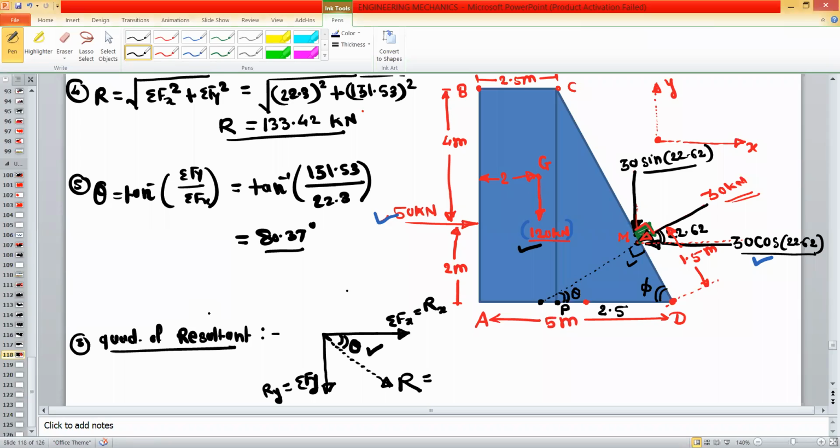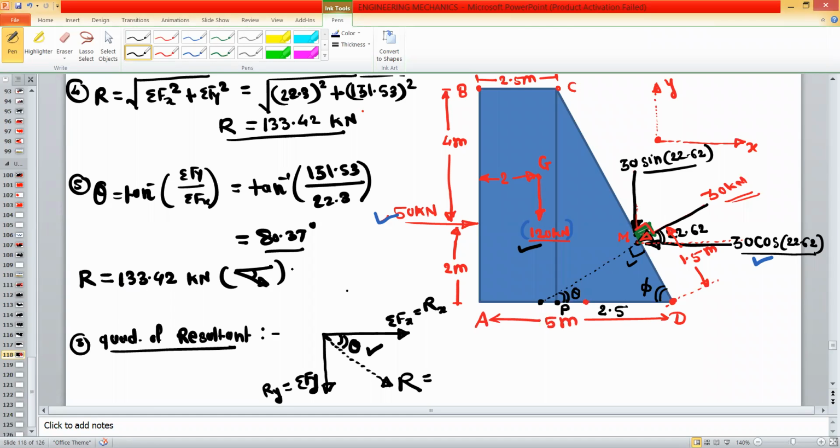Okay, so your resultant R is equal to 133.42 kilonewton, and its direction, so this is the representation, so this is the theta.